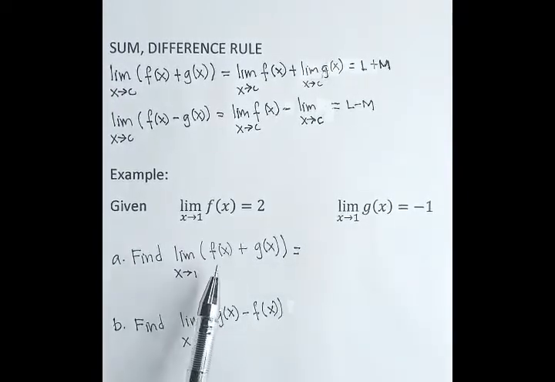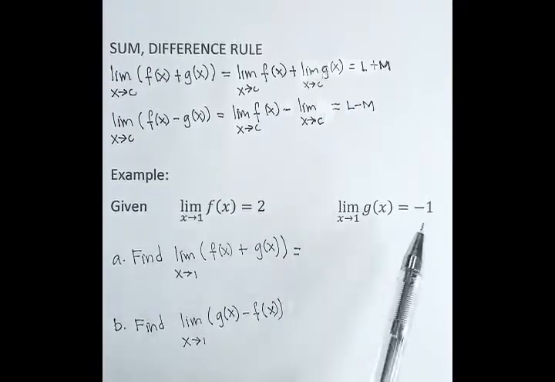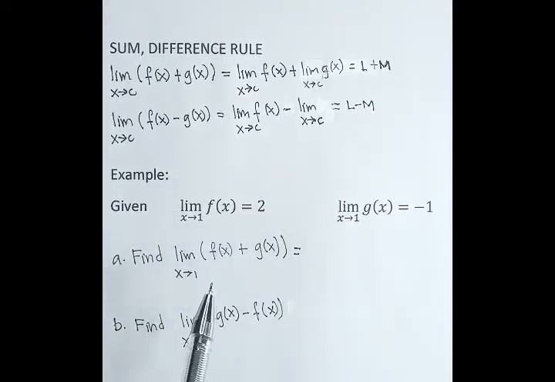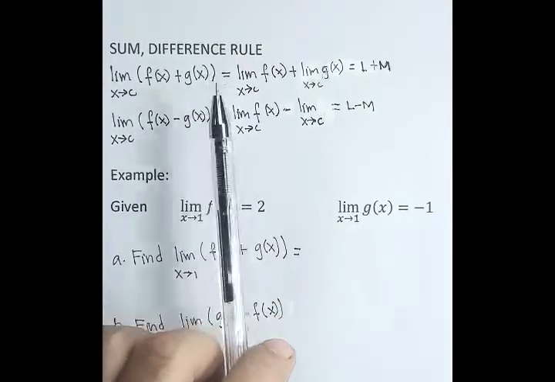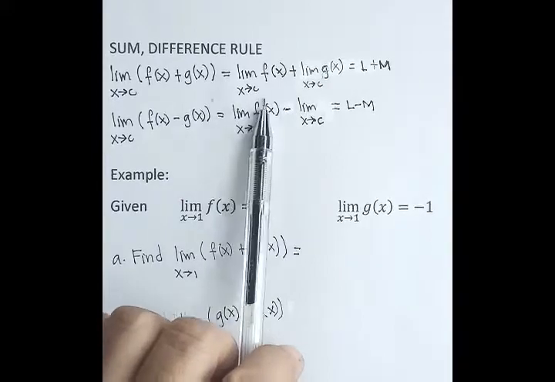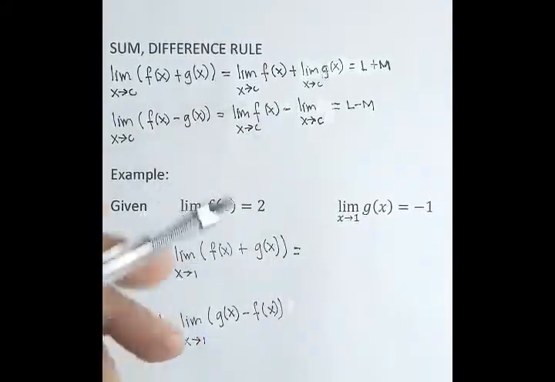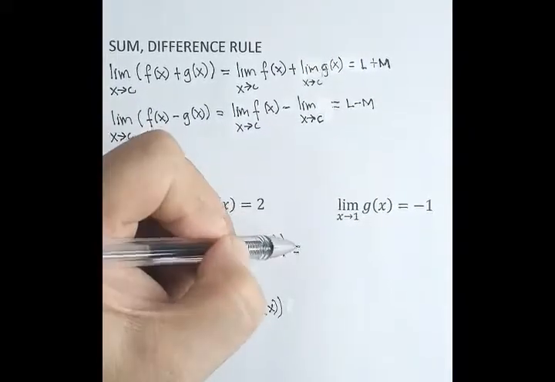Since we're looking for the sum, we simply add their limits. But first, we need to follow that rule. So from here, we rewrite it.